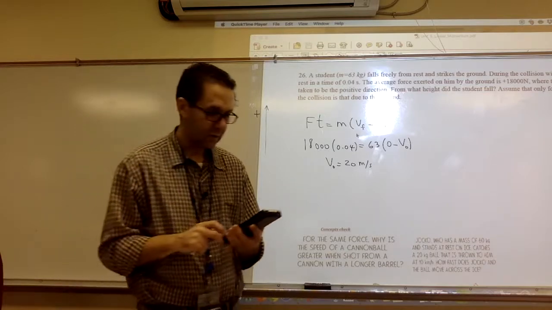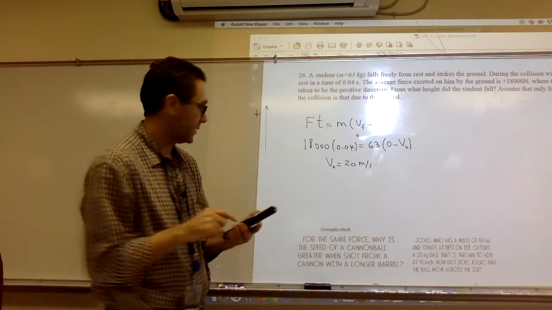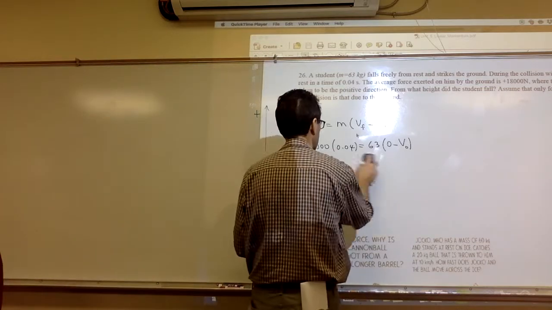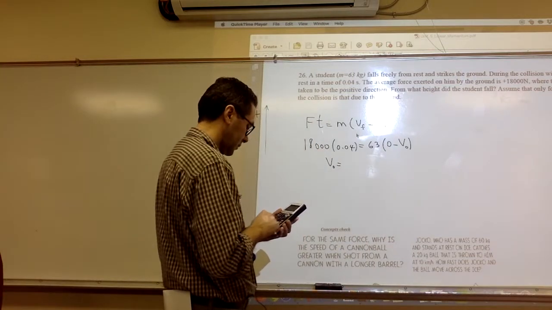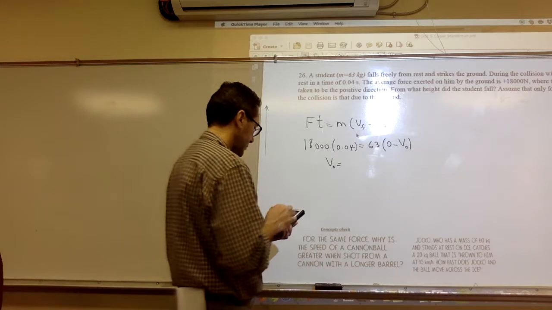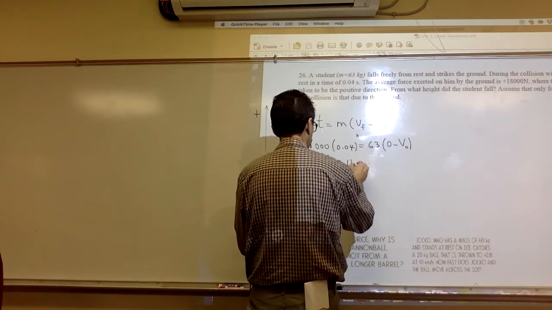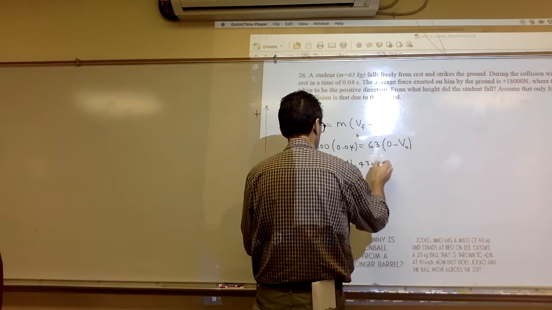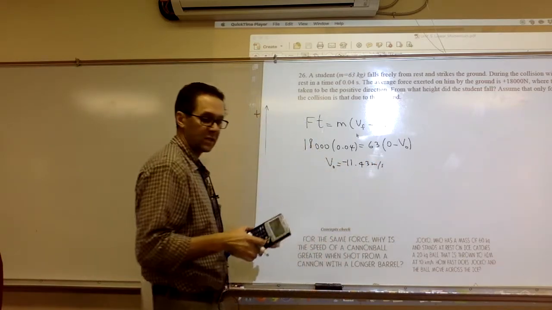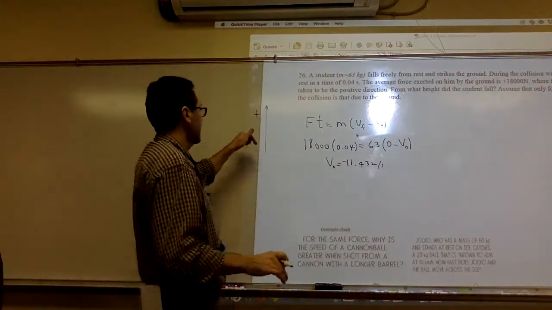No, that's not what it is. Oh, I divided by 36. That's 63. Okay, so then that times 36 divided by 60. Yeah, so this is negative 11.43 meters per second. That's in terms of velocity. It just means that they're traveling in the negative direction.